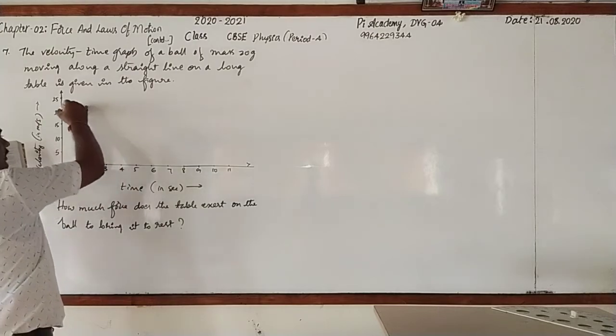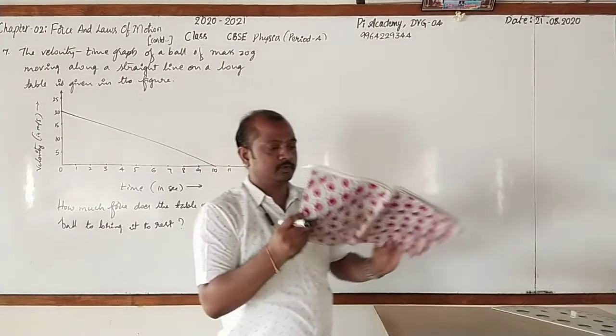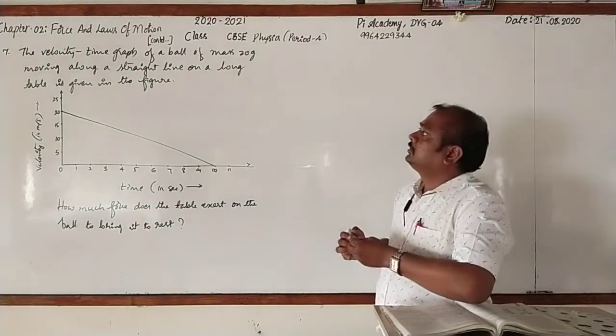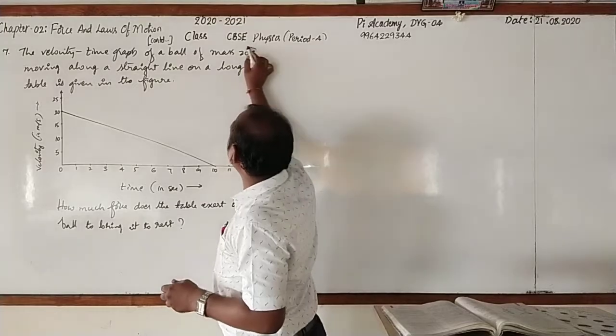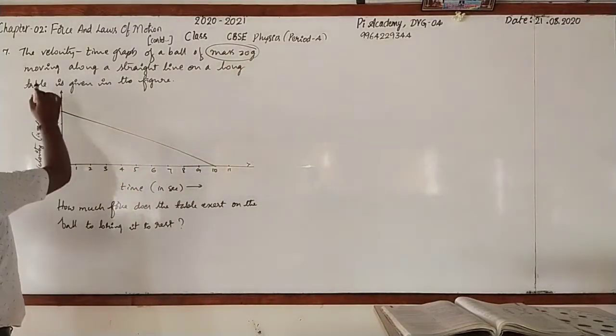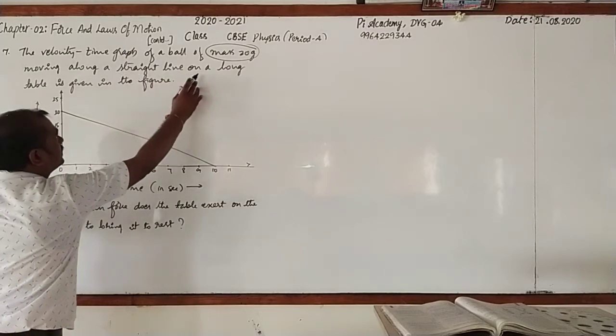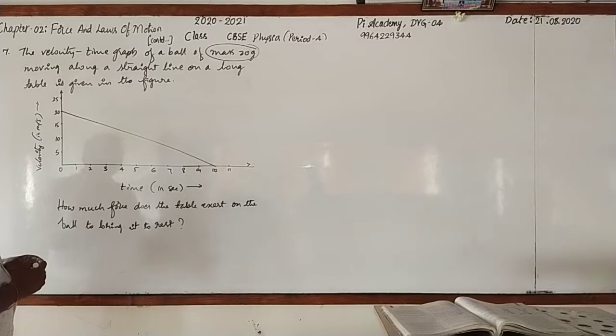Here it has been given like this. Now you observe that. The velocity time graph of a ball of mass 20 gram moving along a straight line on a table is given in the figure.